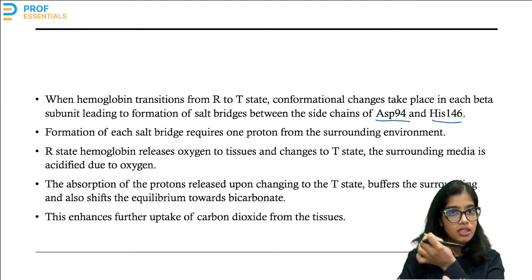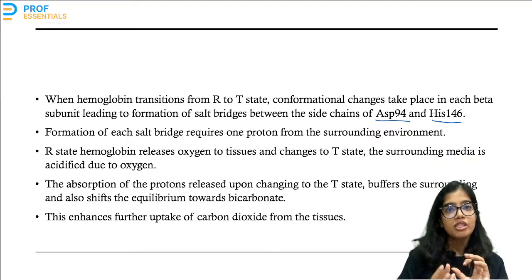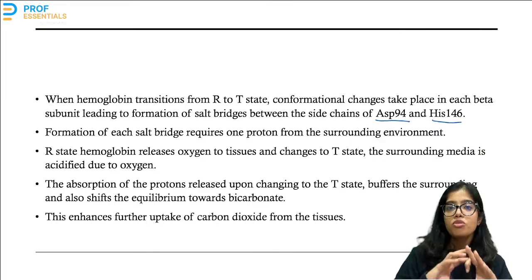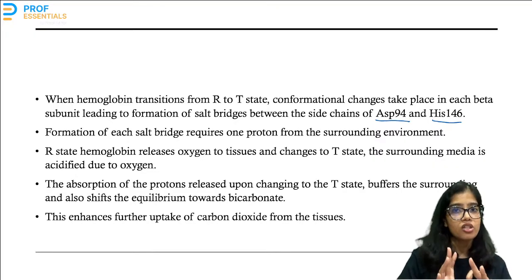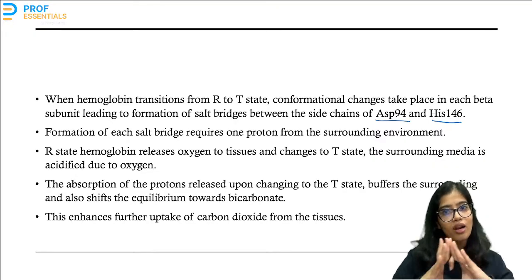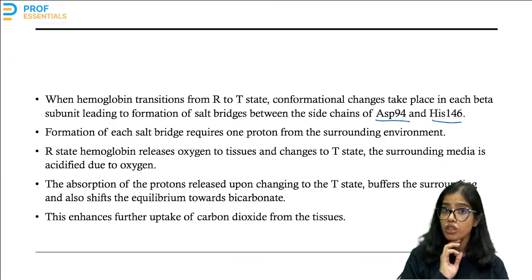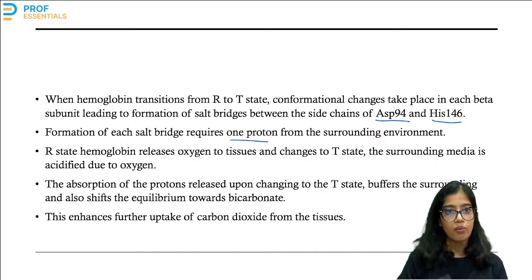So once the oxygen is released, the salt bridges have to be formed again. Now, how are they formed again? The beta subunit is going to form salt bridges with the side chains of aspartate 94 and histidine 146. Formation of each salt bridge will require one proton from the surrounding environment. So each beta subunit is going to form one salt bridge.